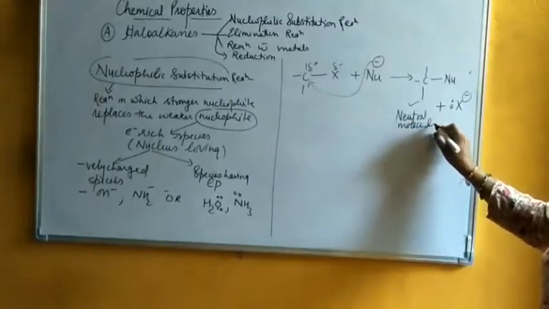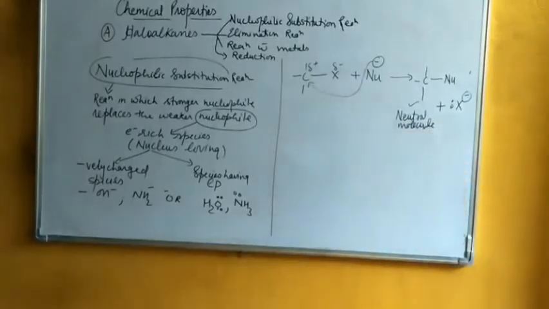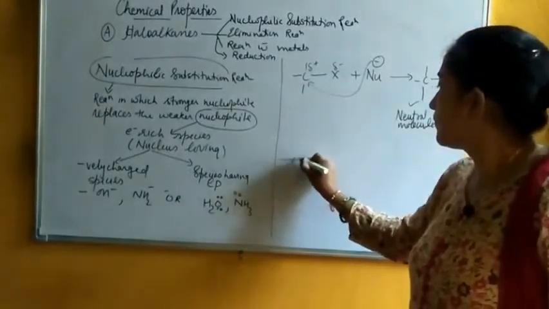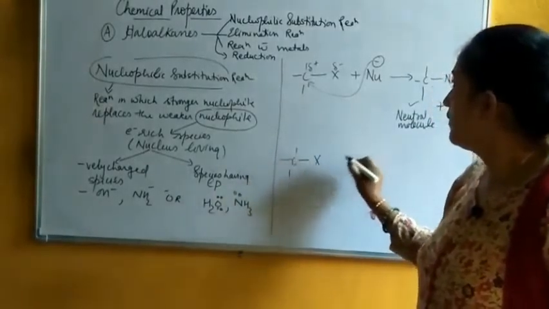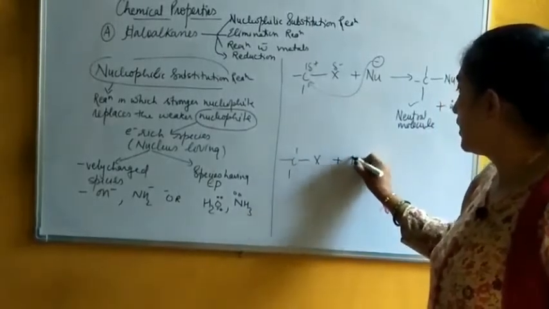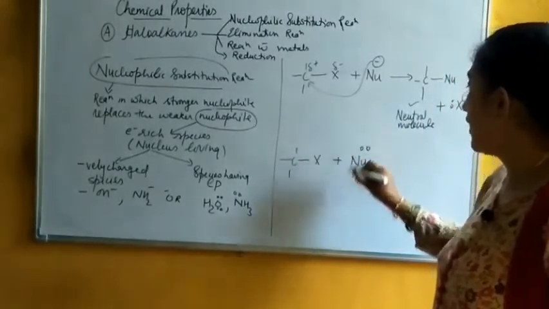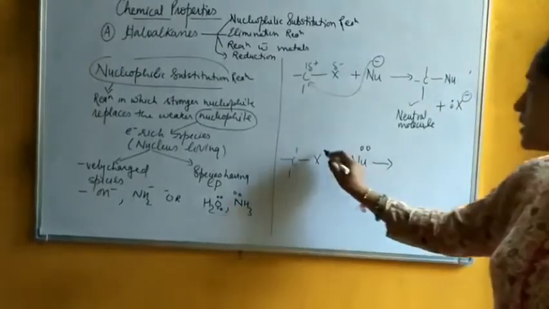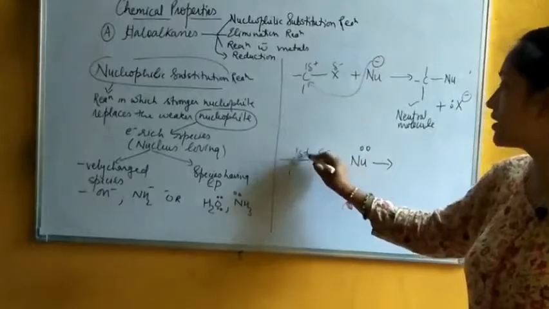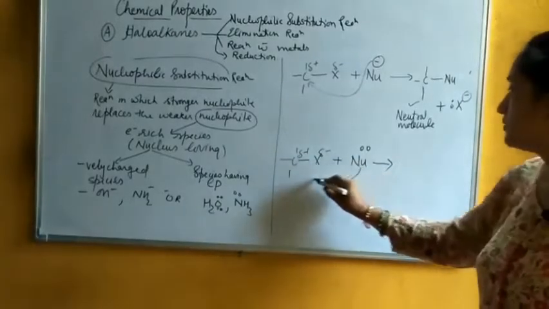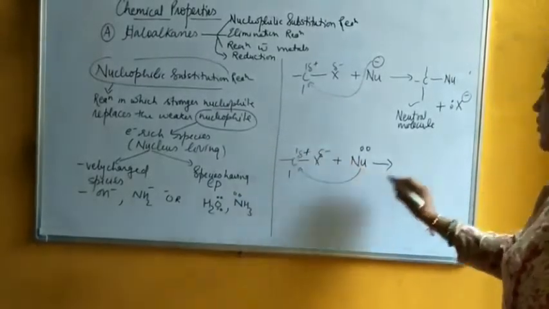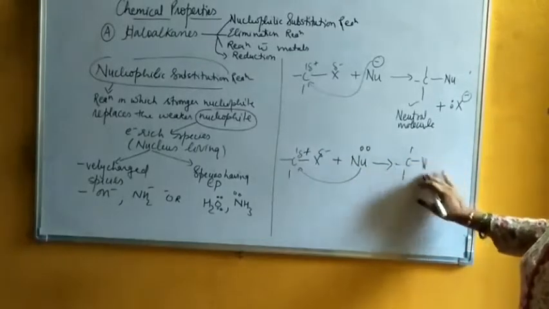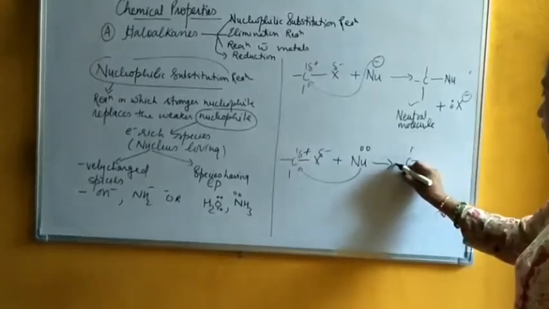But if it is a species which has a lone pair, let us take it this way, that it has the lone pair with it. Then, student, same thing, this is partial negative here, this is partial positive.